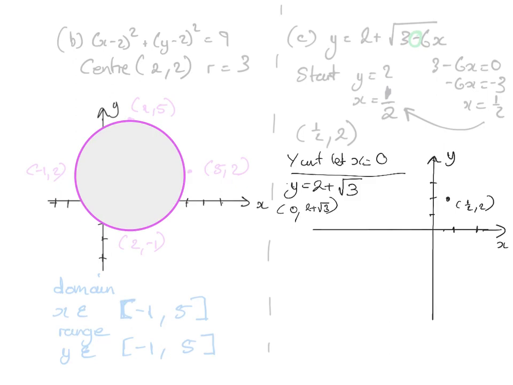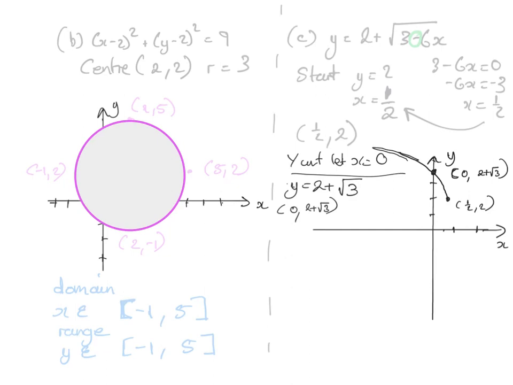Root 3 is just smaller than the square root of 4, so we're just under 4 there, but we're bigger than 3, so it's going to go up like that. Okay, and again it's reflected in the y-axis because of that minus. So that is the point 0 and 2 plus root 3. And you can continue to extend your graph there.